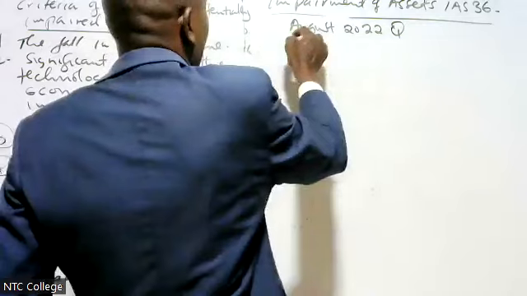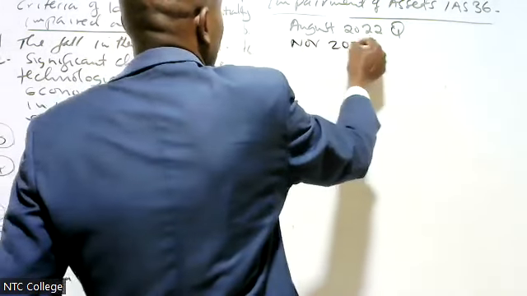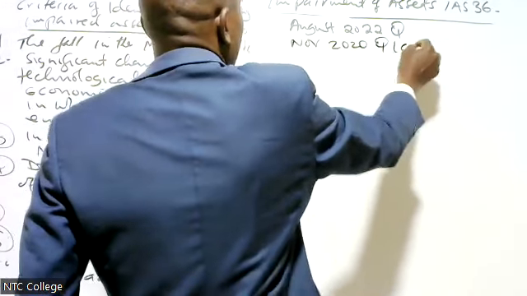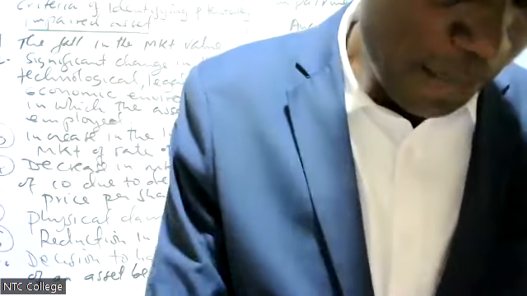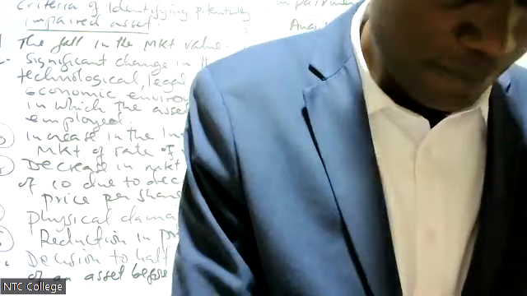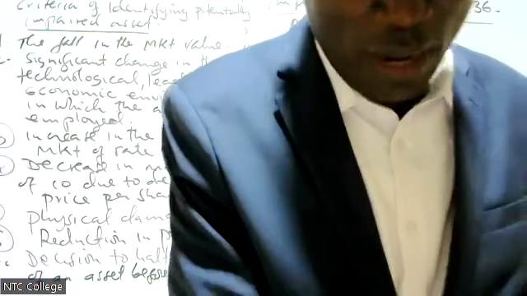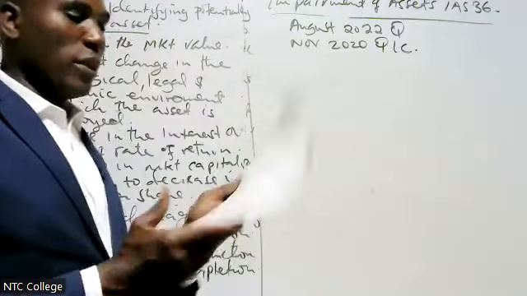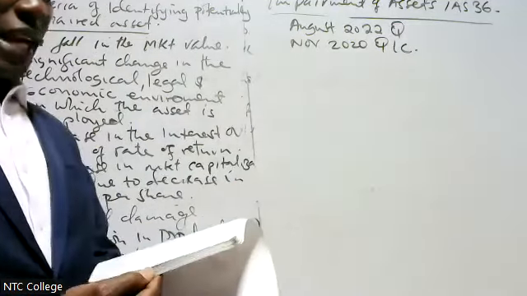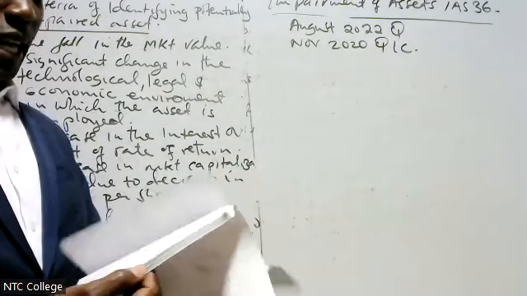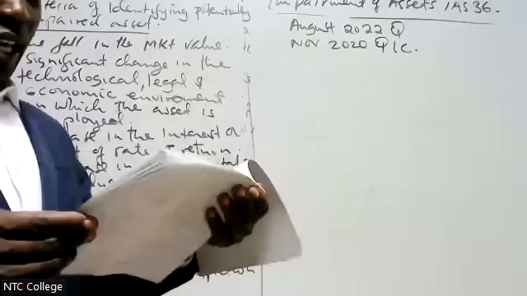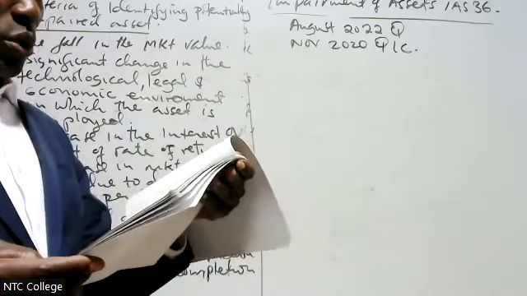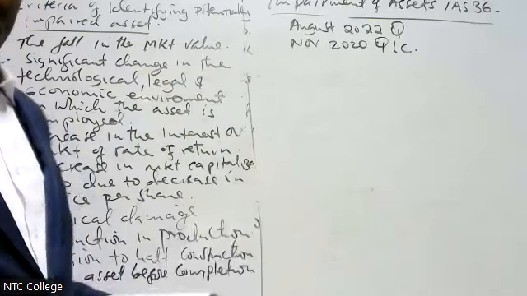Then we look at the question of November 2020, question number 1C. I posted the handout, the question papers on our WhatsApp. Therefore, I believe you will look at it. That's why I said you print, like Marimo has the hard copy. Therefore, I can easily go there. ACAST 2022, question number 2A.